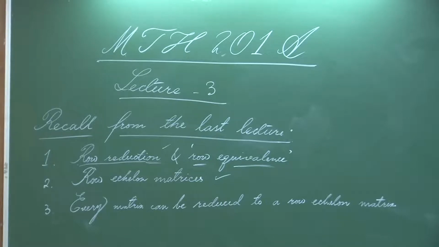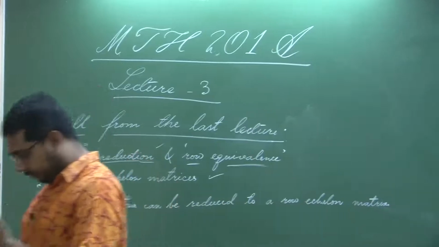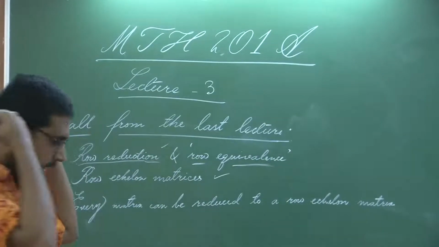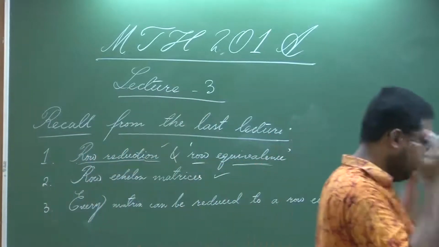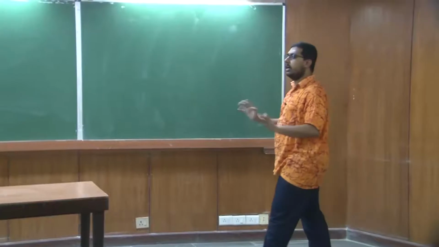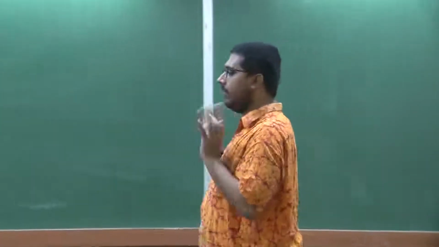Now, we just have to explore and confirm that indeed reducing it to a row echelon form gives us the solutions of the given system without facing any difficulty.